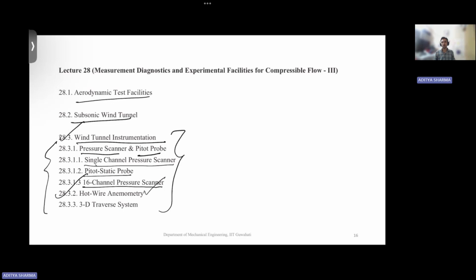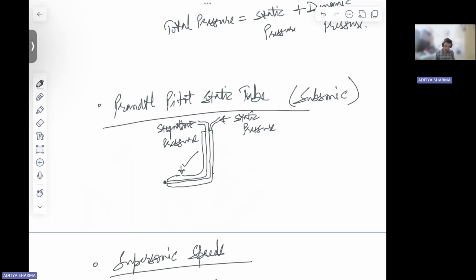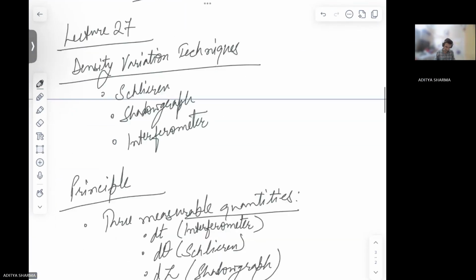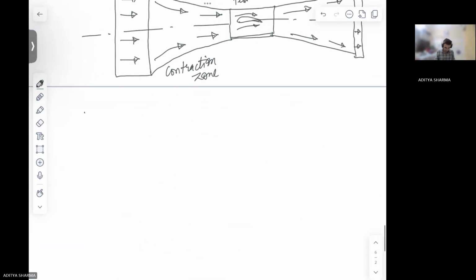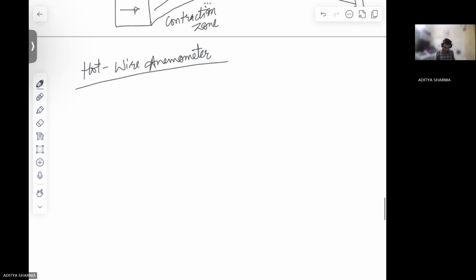Very minute velocity fluctuations it can capture. So it's kind of a probe like this.